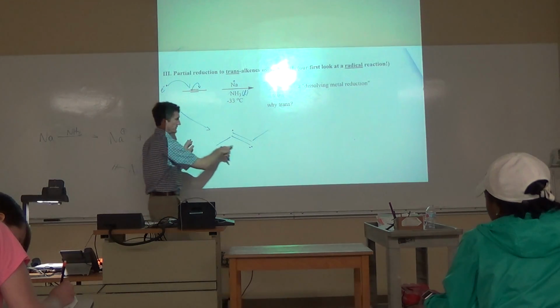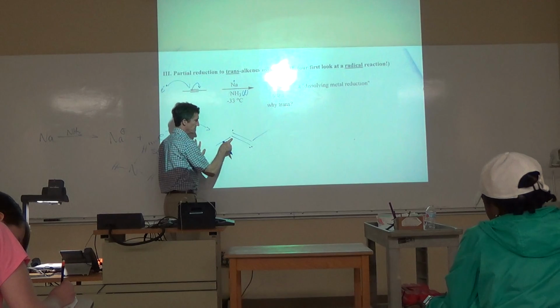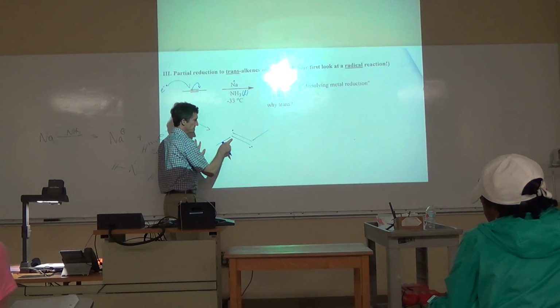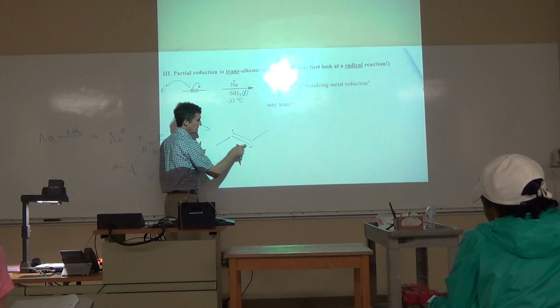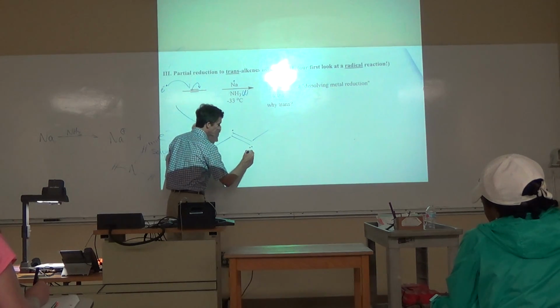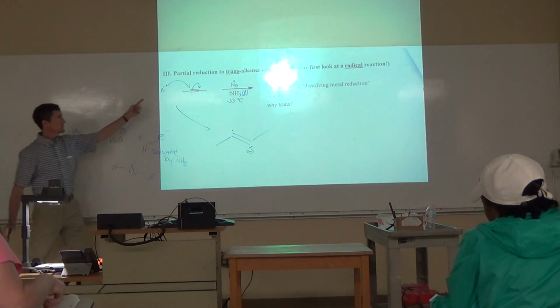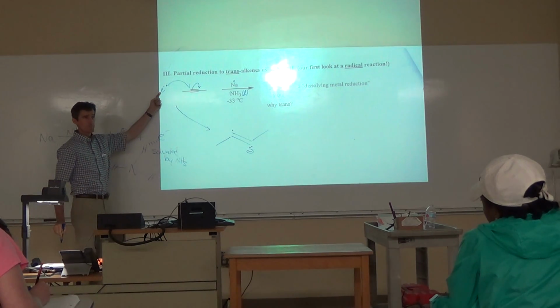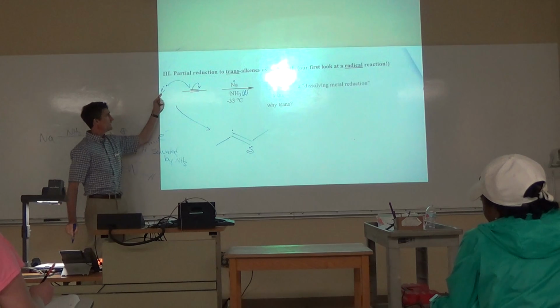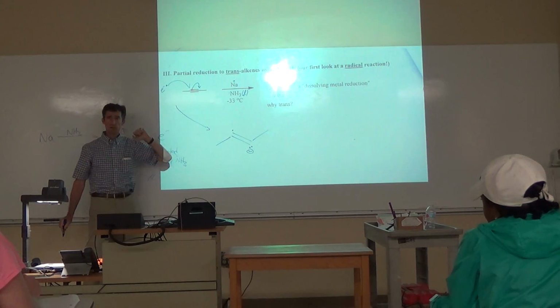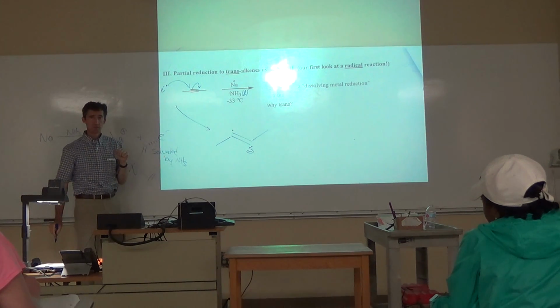What's the charge of this carbon? Neutral. What's the charge of that carbon? Minus, correct. Okay? What's the charge of an electron? Minus. If you add an electron to a neutral compound, what should be the charge of the compound then?